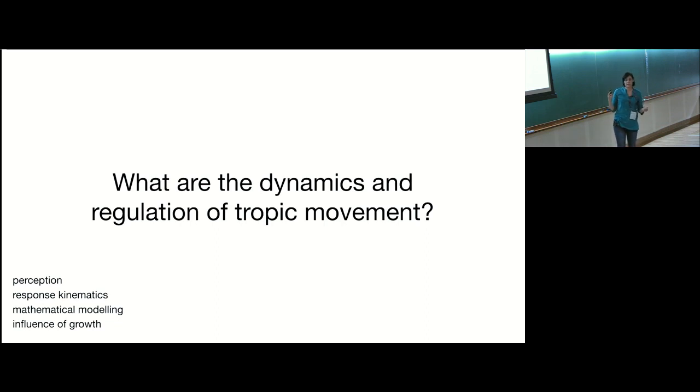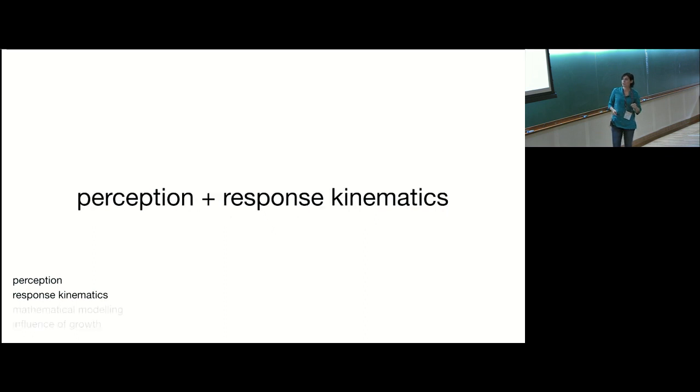Then we're going to discuss mathematical modeling. So we'll construct a model with basic requirements and assumptions, and we'll see how it works, if it works well or not. And then we'll add an extra complication, which is the influence of growth on regulation. So let's start with perception and the response kinematics.